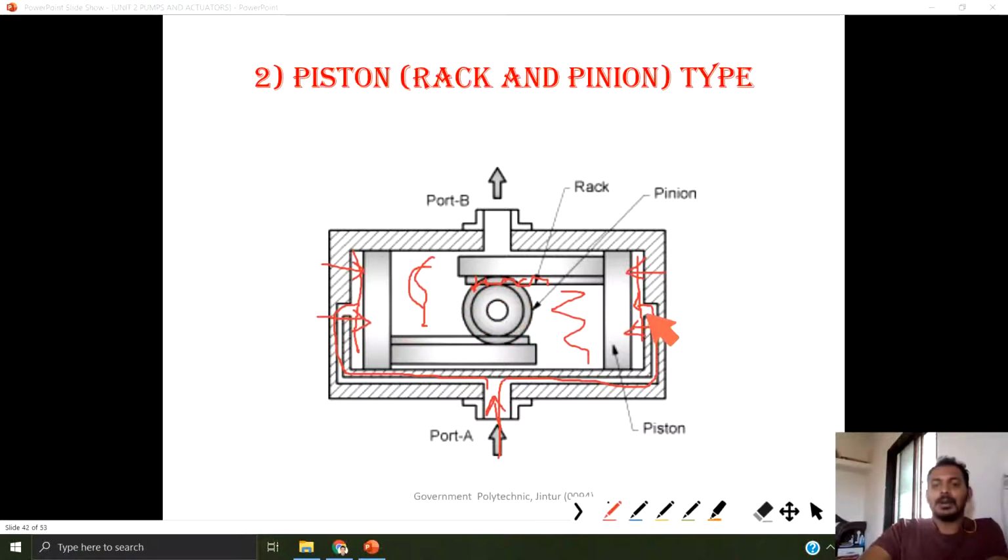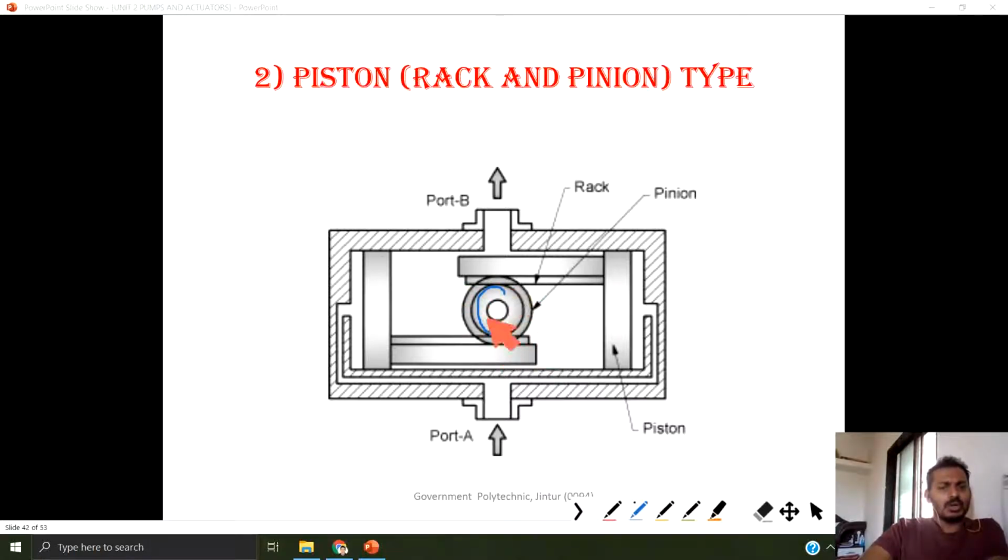The same pressure is applied on both pistons, and the pistons have the same area, so the same motion is available for both the pistons, one leftward and the other rightward. So this pinion rotates in the anti-clockwise direction because it is engaged with the rack. Now consider the opposite case.